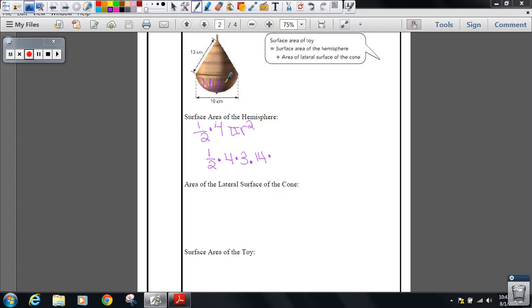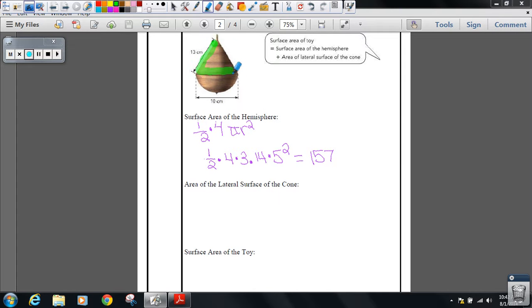If this is my hemisphere, the diameter is 10. The radius would be half, which is 5, so 5 squared. That gives me 157.